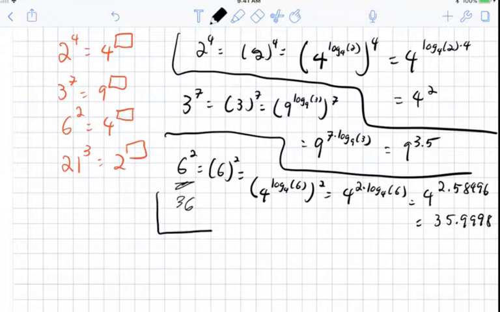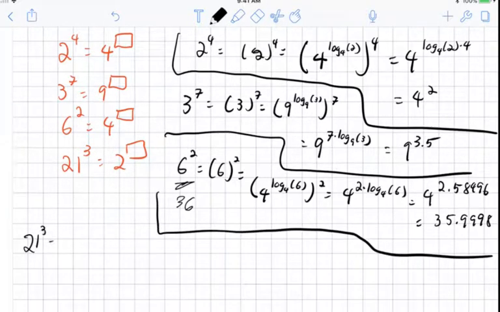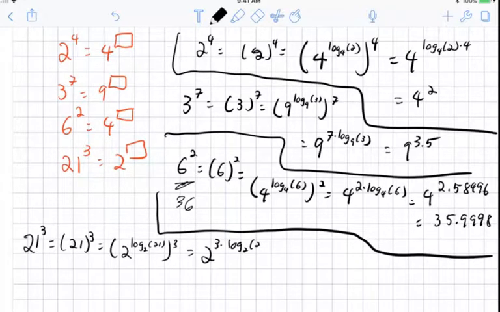Let's try the last one, eh? 21 to the 3. So put the 21 in parentheses. Rewrite it base 2. 2 to the log base 2 of 21 times 3, which is 3 times log base 2 of 21. 3 times ln of 21 divided by ln of 2.